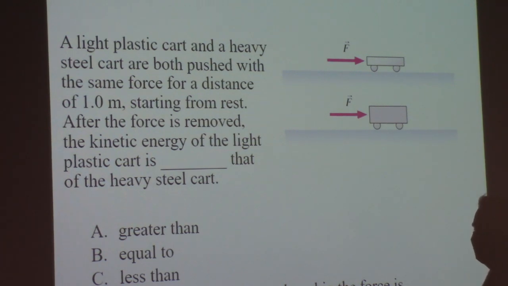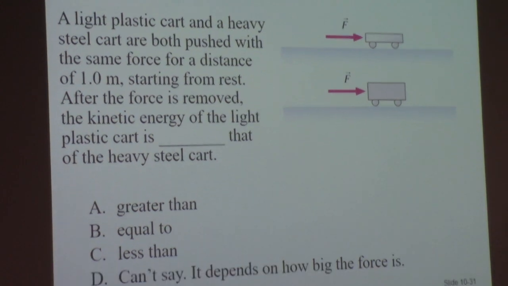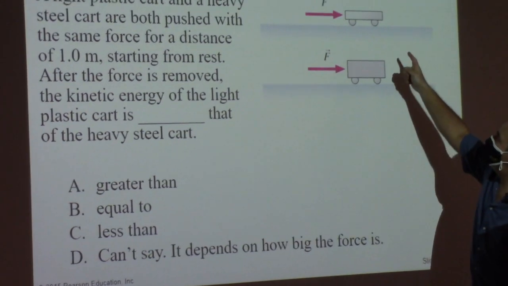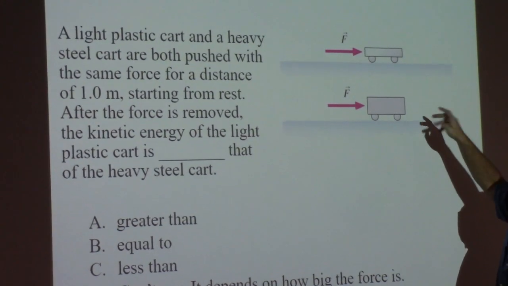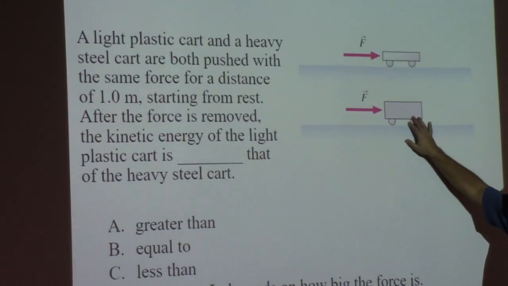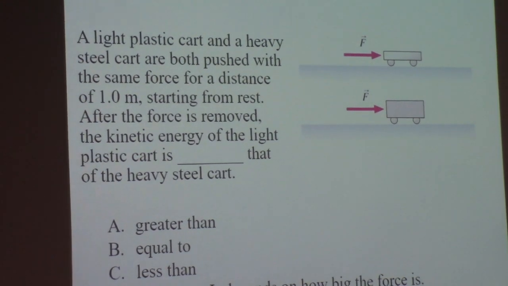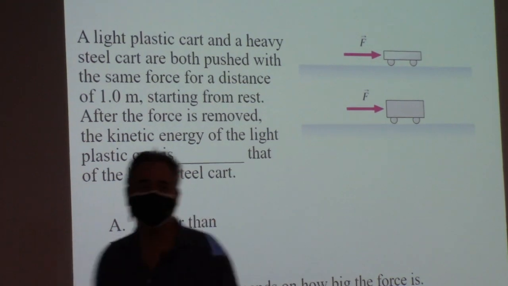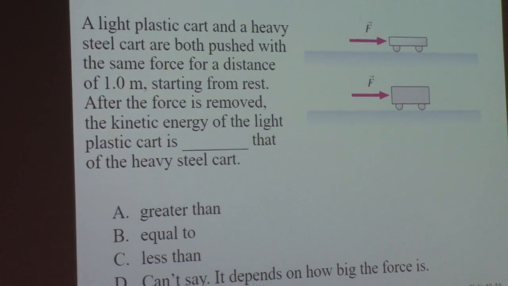Or you can't tell because it depends on how big the force is. So same force over the same distance. Is the kinetic energy of the light cart greater than, equal to, or less than the kinetic energy of the heavy cart? Or you can't say.